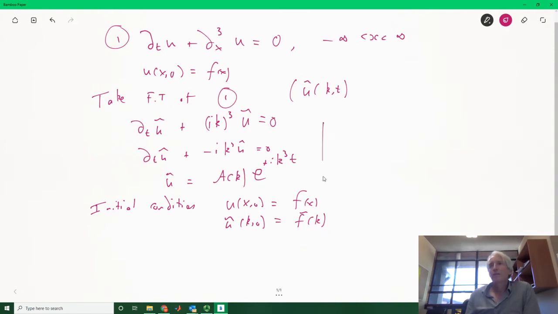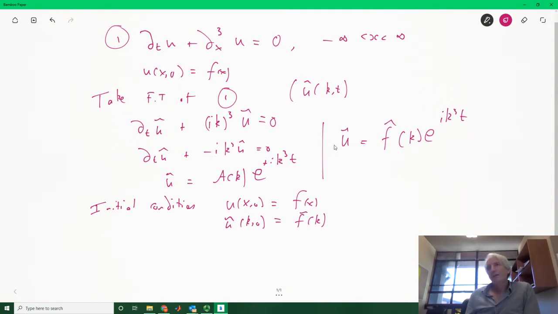So finally, we get our solution here. u hat must be equal to the Fourier transform of the initial condition multiplied by e to the i k cubed t. So now it's sort of formal, and then we can write down the inverse Fourier transform and work it all out, right?